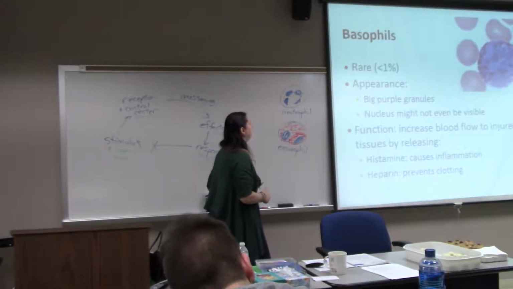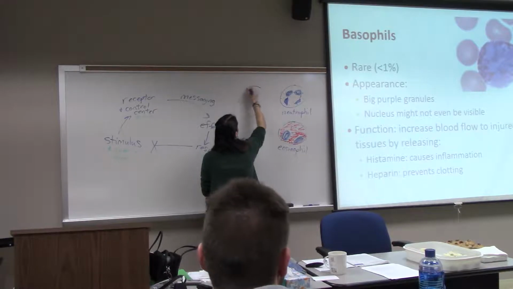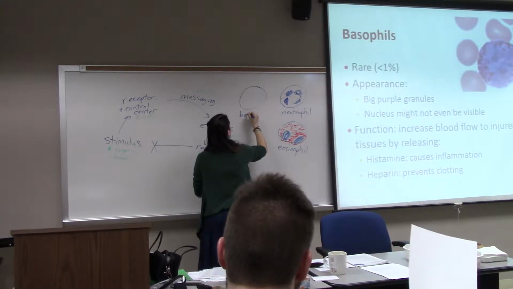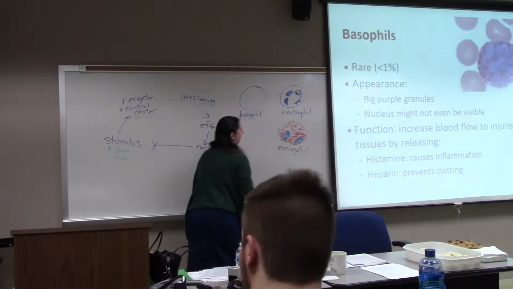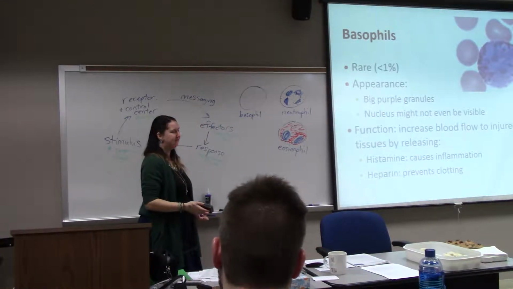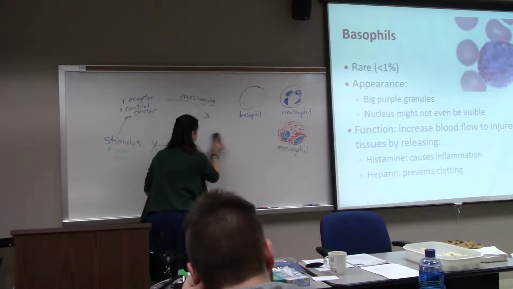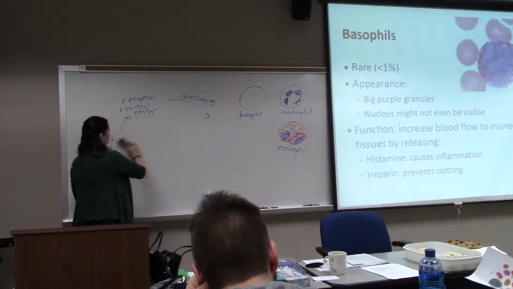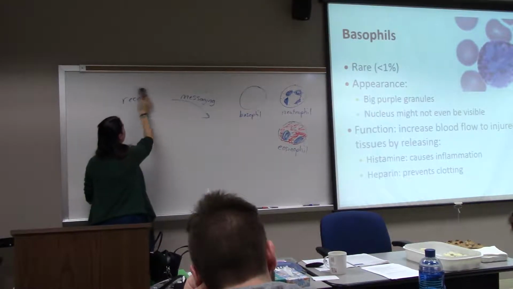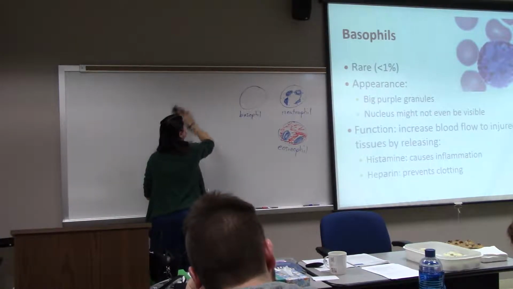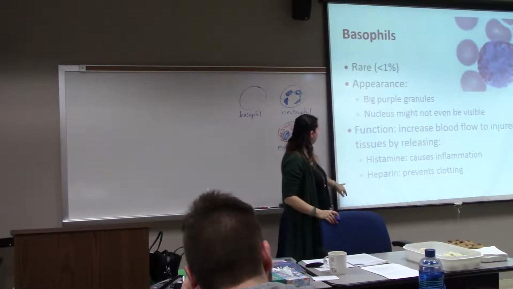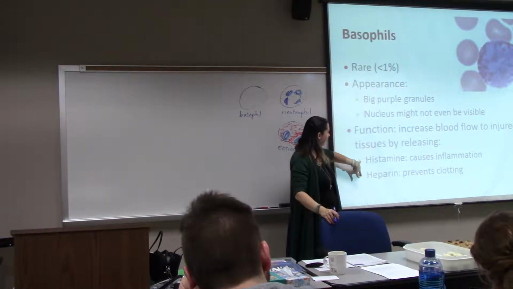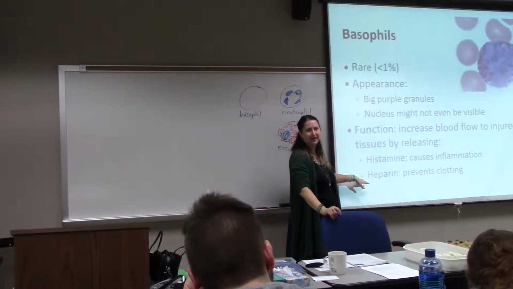Basophils, these are the most rare in circulation, and it's because their function is mostly outside the blood vessels. They are going to stimulate inflammation. They do it by secreting two chemicals, histamine and heparin.